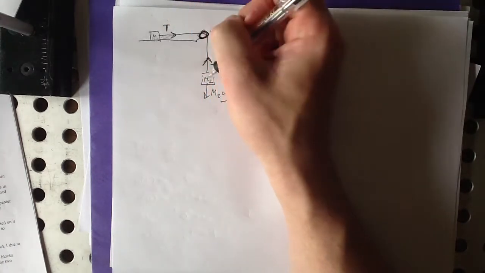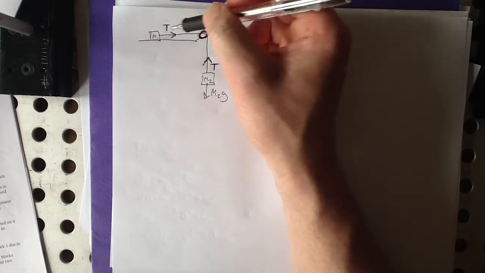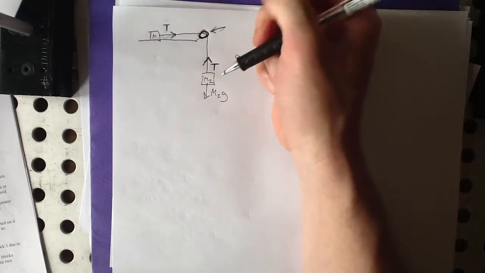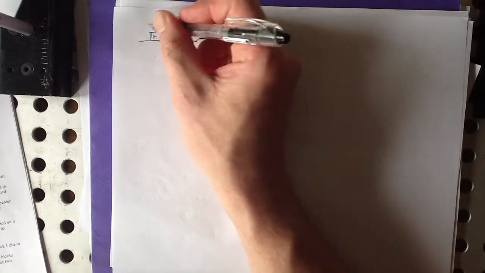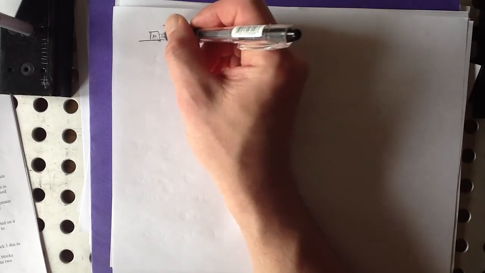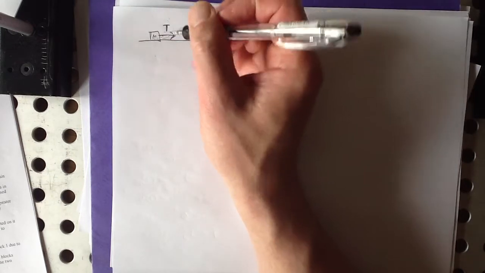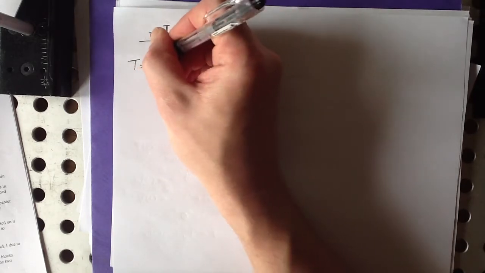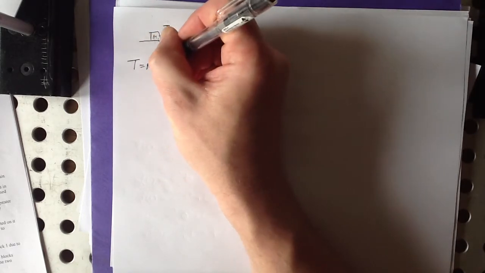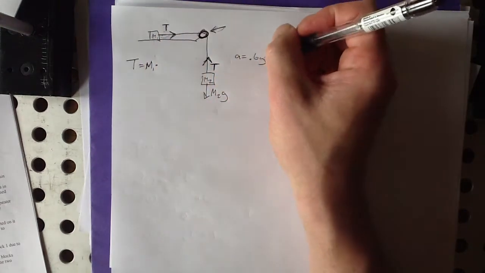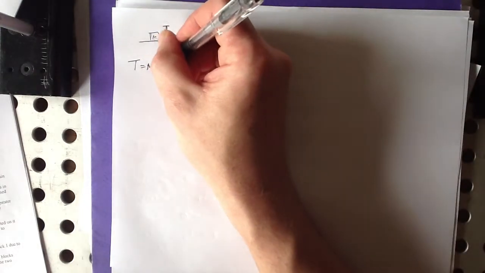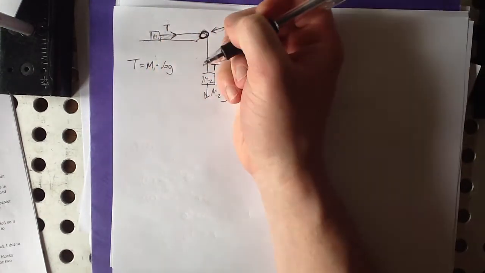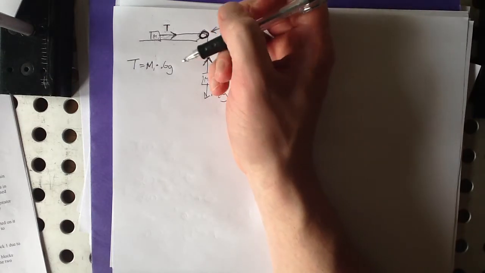Let's set up Newton's second law for both blocks and see where that gets us. The net force on this block is T. So force equals mass times acceleration, which is 0.6 g. But that's not a choice.